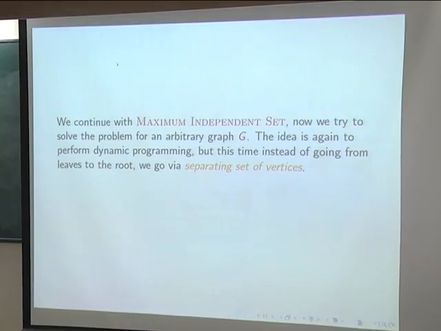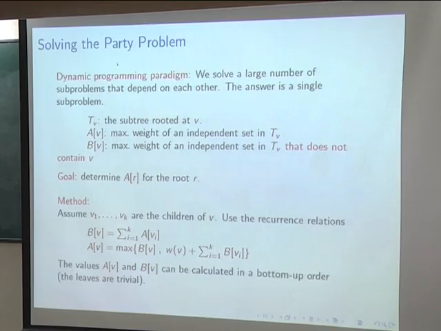Okay, so rather than talking about maximum weight independent set, for now let's forget weights and we are interested in maximum cardinality independent set. But now we want to try to solve this problem for an arbitrary graph G, not on these trees. I mean, trees was easy. But let's see how this method can be generalized for an arbitrary graph.